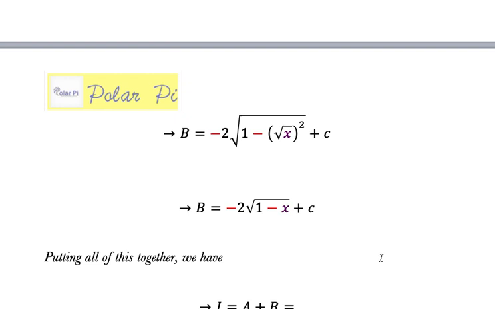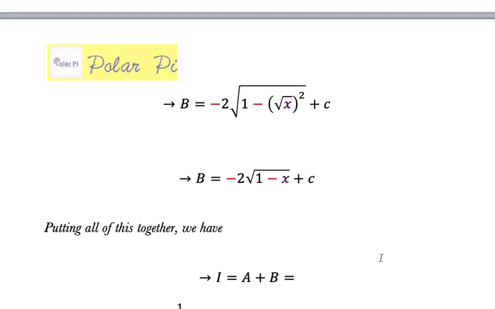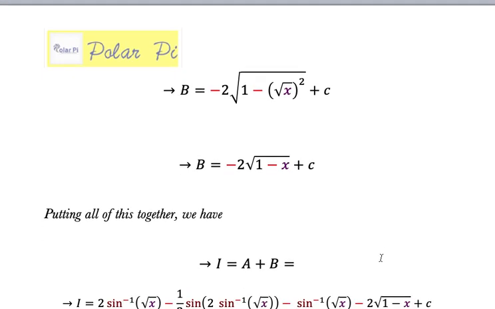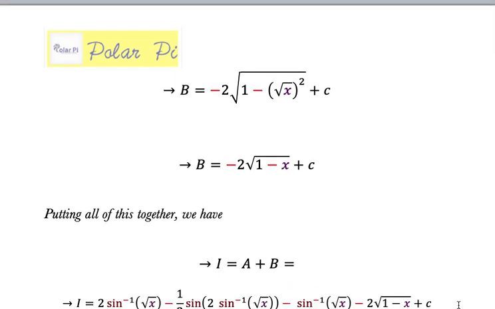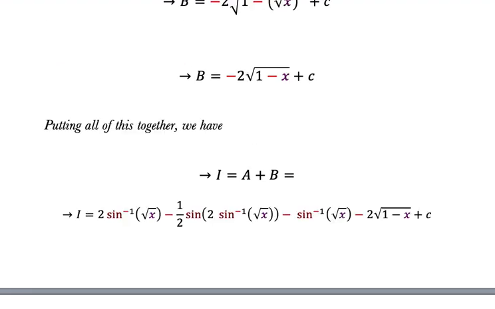Okay, now putting all this together, remember as I said from the beginning, I is a plus b. So then a plus b is going to end up looking like this. Sorry, it won't scroll. It's because I needed to go to a new page. All right, so I was on the final page, sorry. So putting all this together, we get a plus b, so that's all of this, right?